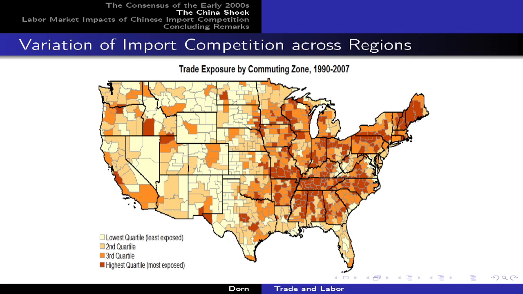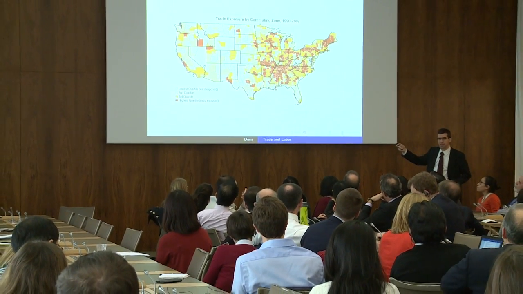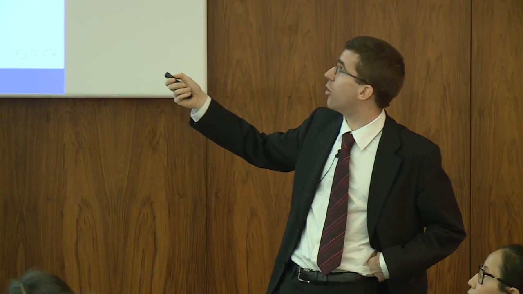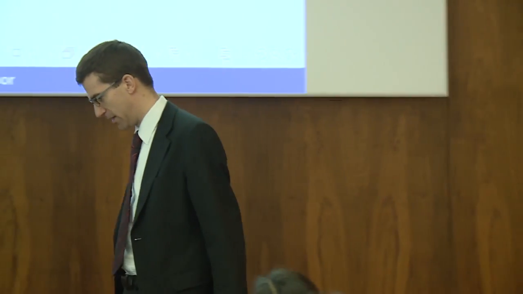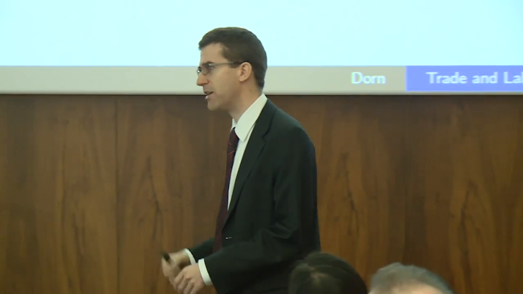Now, what we see is that there is a fair amount of dispersion. There are regions with import competing sectors in the New England states. There is some around the Great Lakes, although notably Detroit is not that much affected, since Detroit's specialization in car manufacturing has little exposure to Chinese imports.